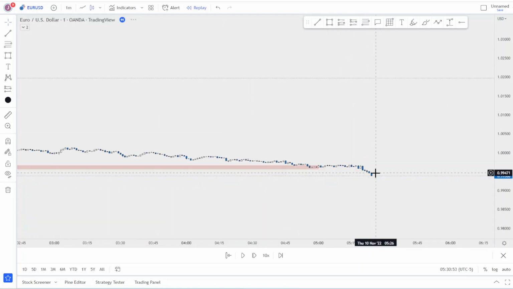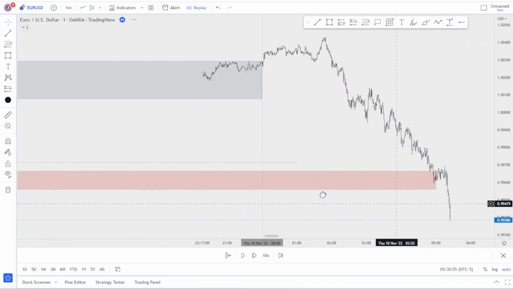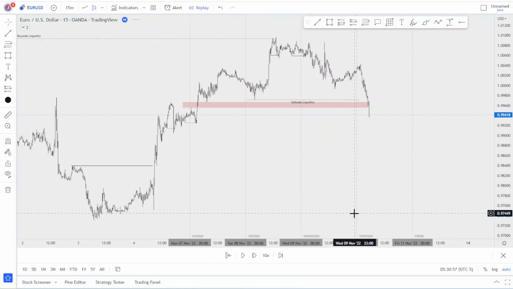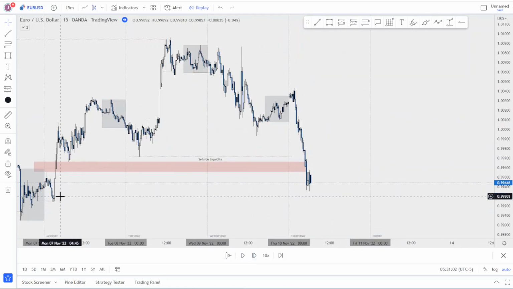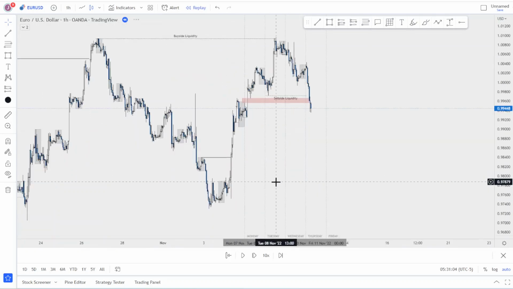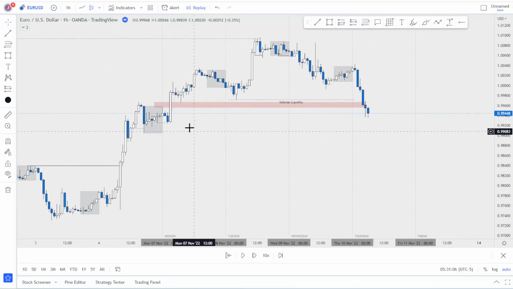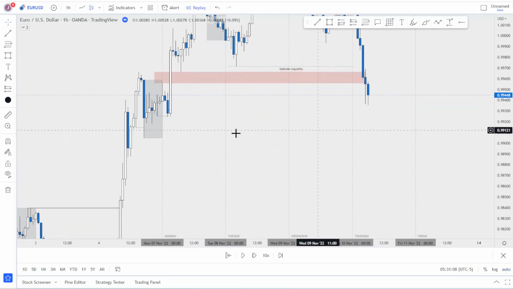So what we could have seen was price was dropping. We can wait for it to get taken, tap into this area here. There was also a 1-hour order block right there and a strong low here.